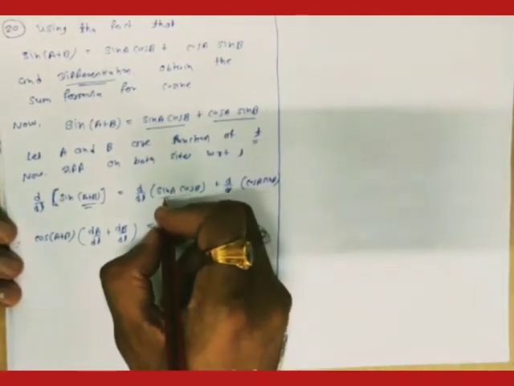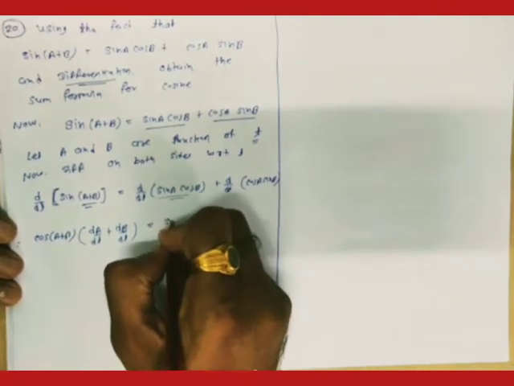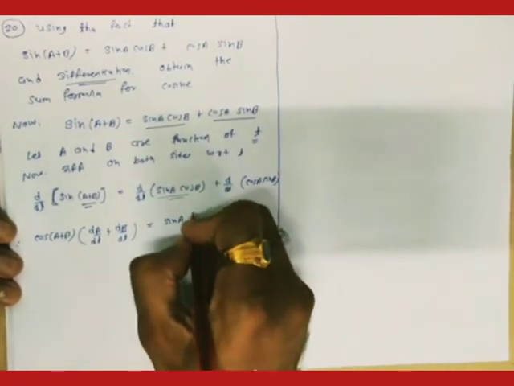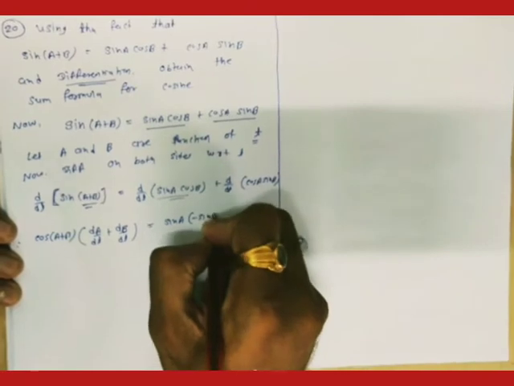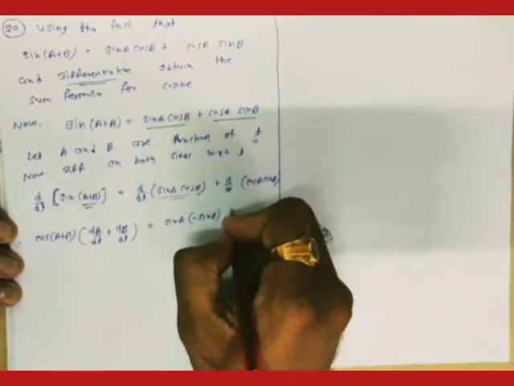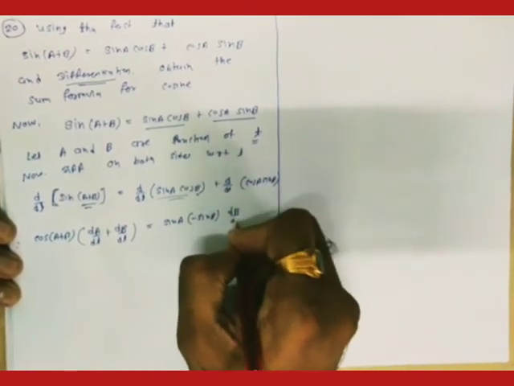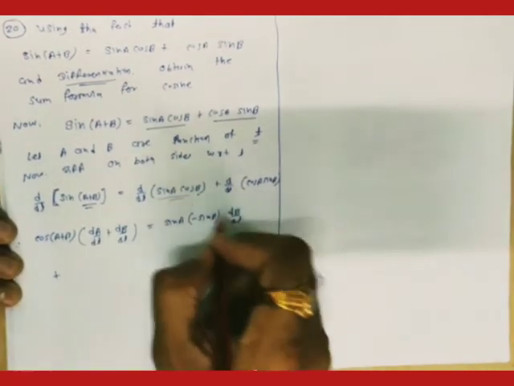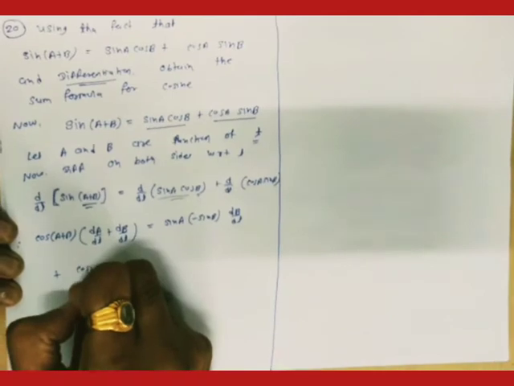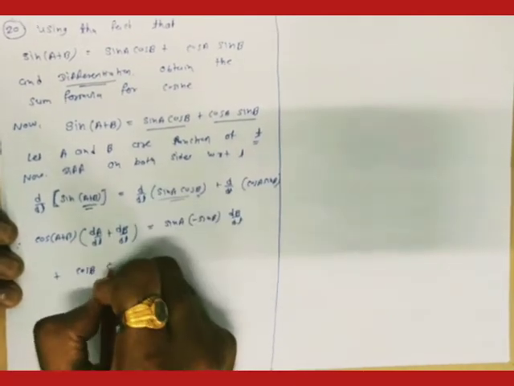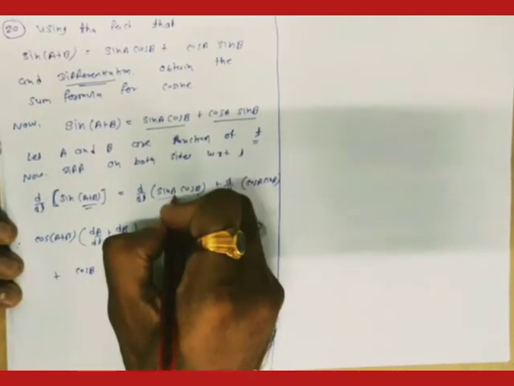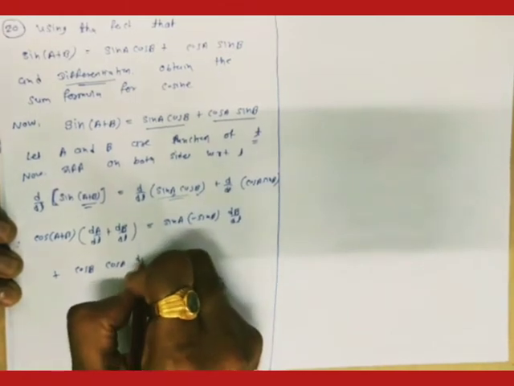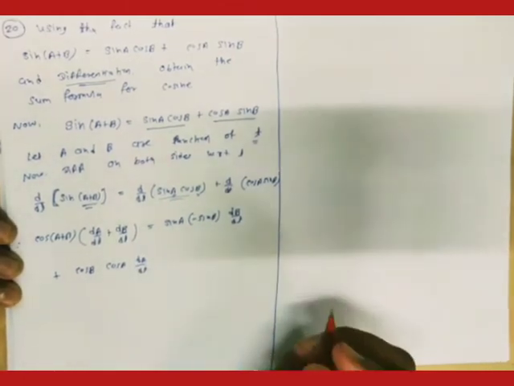Sin a as it is, differentiation of cos b is minus sin b, again differentiation of b is dB by dt, plus cos b as it is, differentiation of sin a is cos a, again differentiation of a is dA by dt.